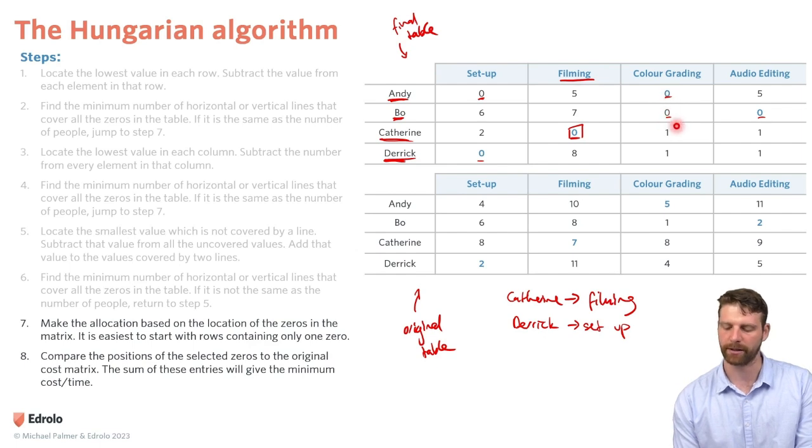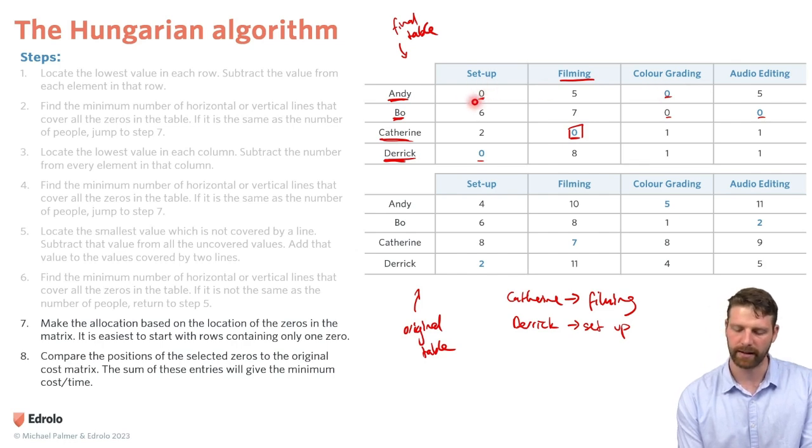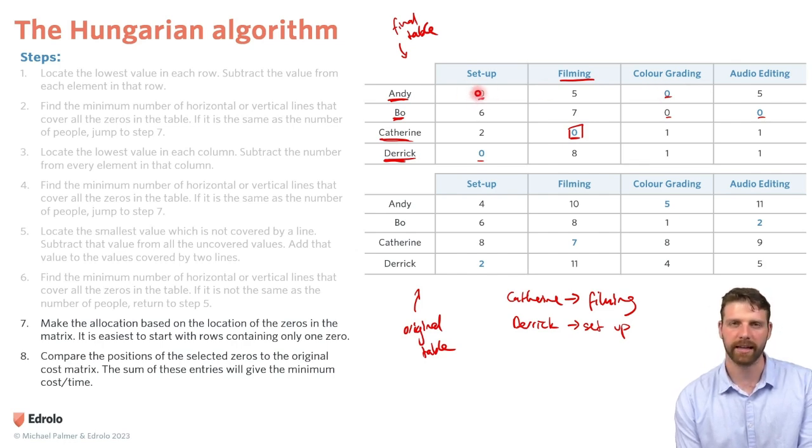I think we can choose Bo or Andy to do color grading. Oh, wait, no, we can't. We can't do that because Andy, you can see his 0 is in setup. So he can't do setup because we already said that Derek was going to do setup. So what we want to do is assign Andy to the other thing that he can do, and that's color grading. So we're going to assign Andy to be color grading, and that frees Bo up to do audio editing.